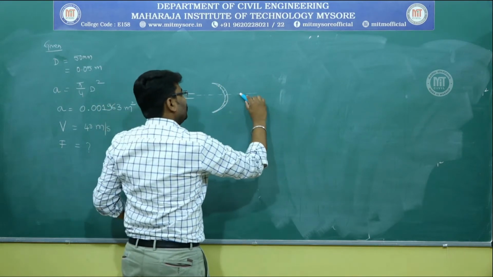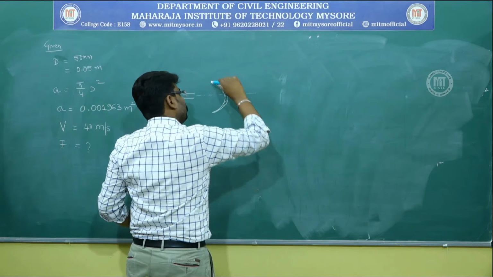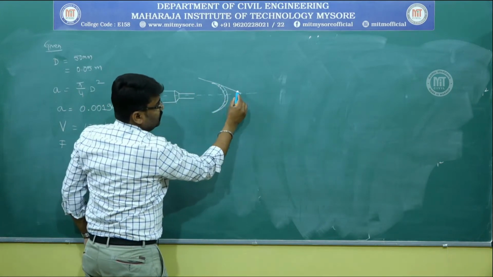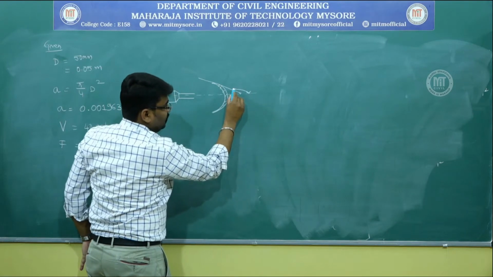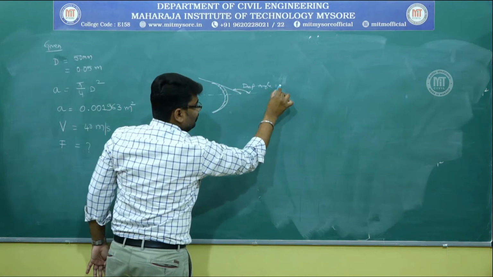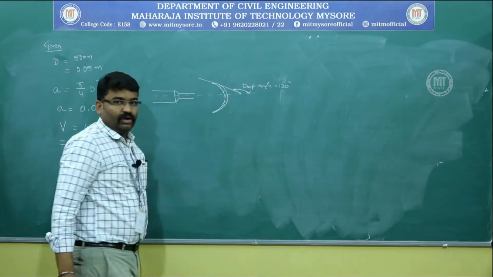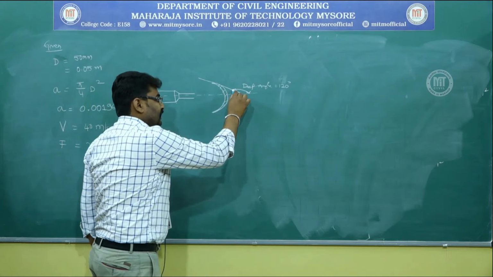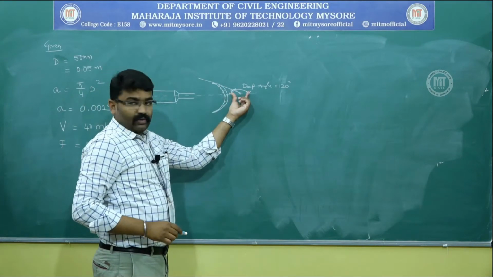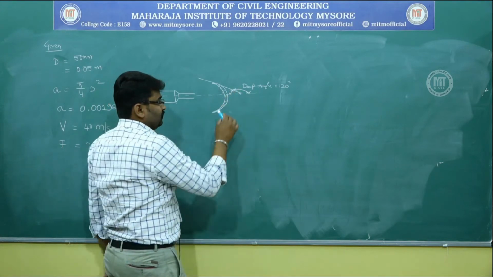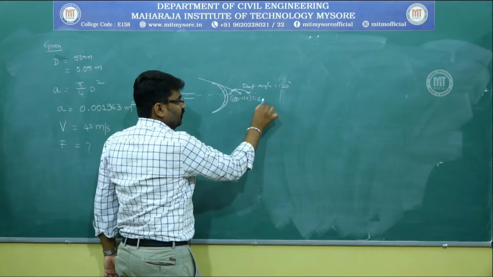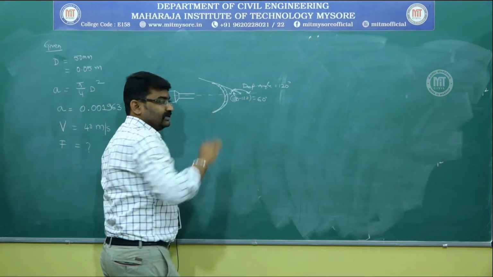So from here, if there is a deflection to be shown, this angle is nothing but your deflection angle, and that deflection angle is given to be 120 degrees. So the total angle must be equal to 180 degrees. So the remaining angle must be equal to 180 minus 120, that is equal to 60 degrees, that is this angle.